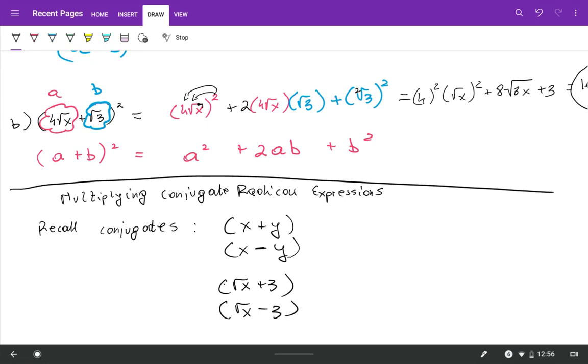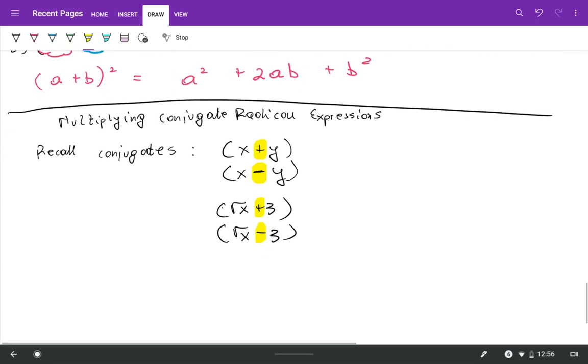The conjugate will be square root of x minus 3. So the only change is the operation in the middle. Okay. Also, another example, you may have x plus square root of y. The conjugate will be x minus square root of y. So again, just don't forget that we are only switching the operation in the middle to the opposite.